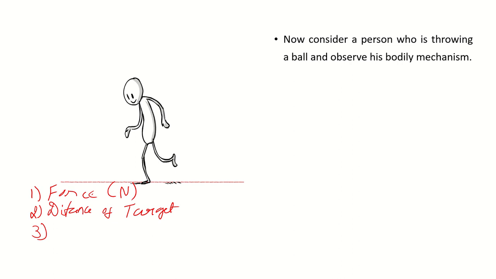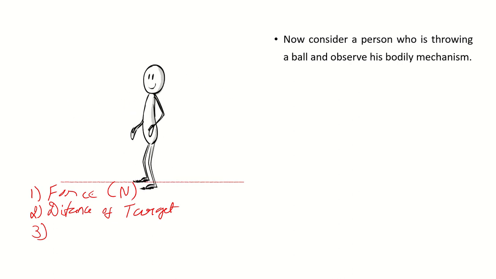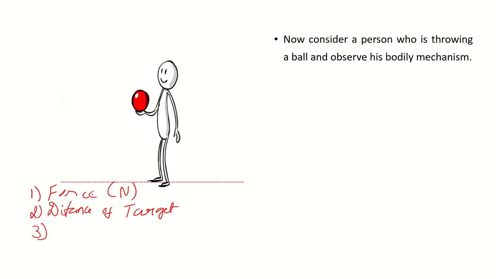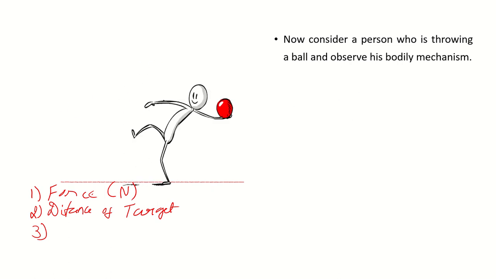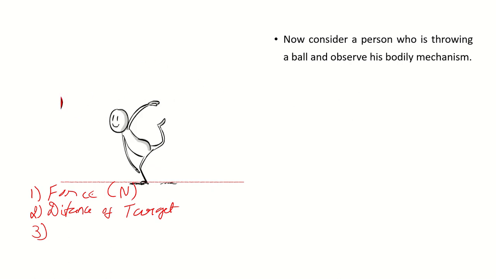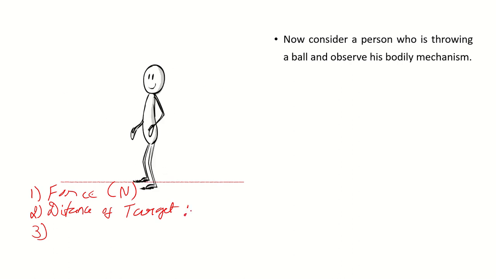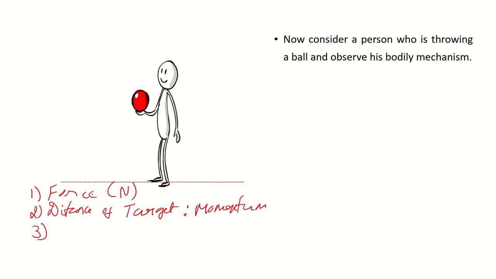If the distance is very near, he need not move the entire body. He might just use his hand to throw the ball. If the target is set at a very high distance, then he has to use the entire body in order to gain the momentum.